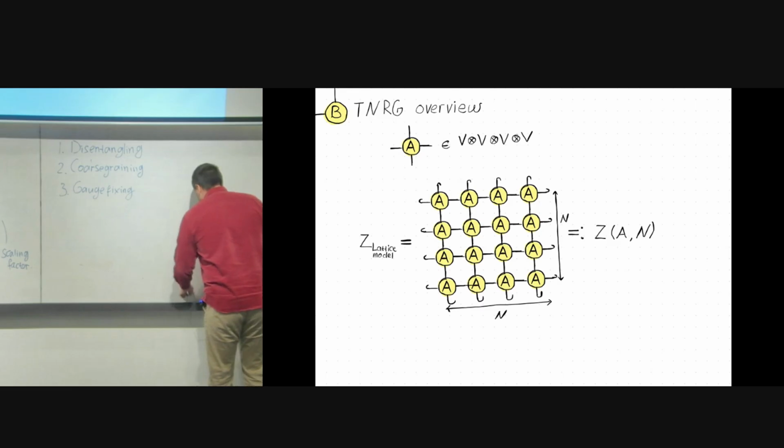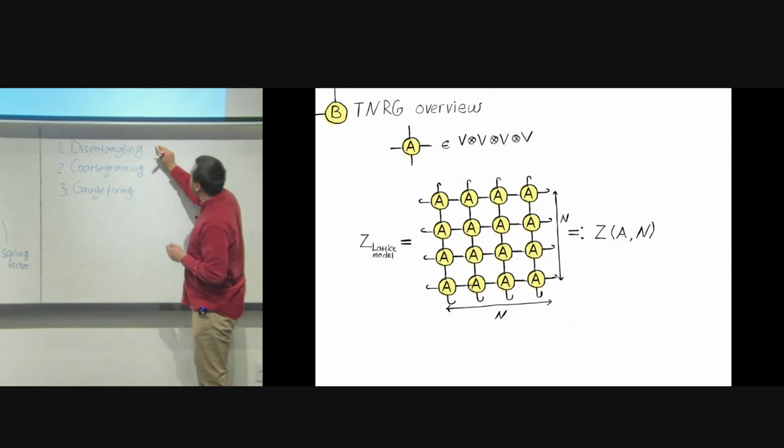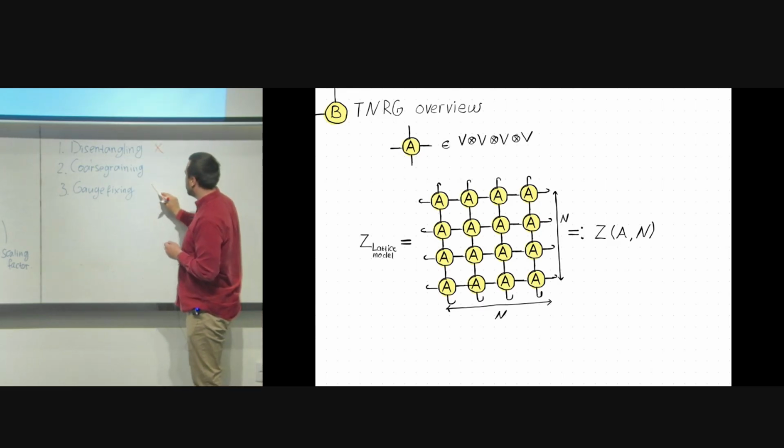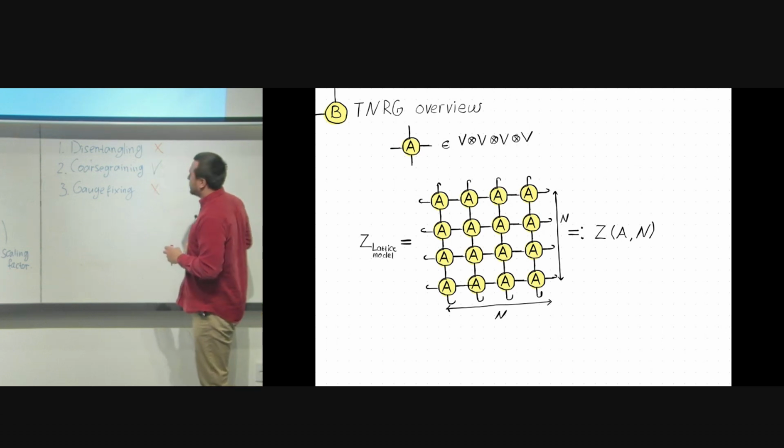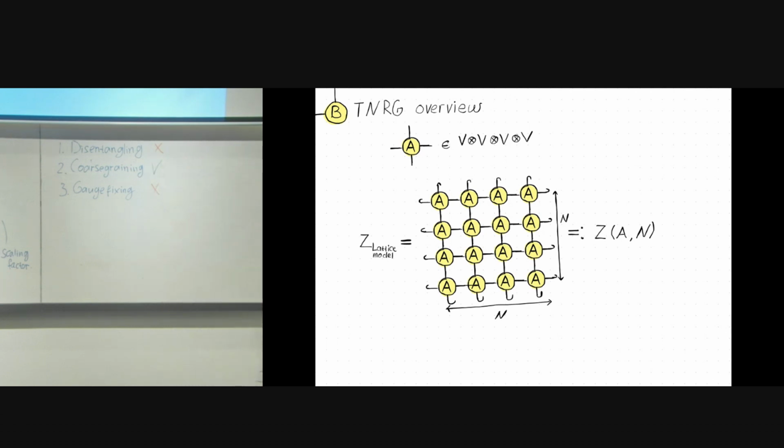And today, I'm not going to talk about disentangling, and I'm not going to talk about gauge fixing because, well, disentangling is difficult, and I would need additional 10 minutes for this. Gauge fixing is too simple, so I throw it away as well. But I will show you how coarse graining works at least.